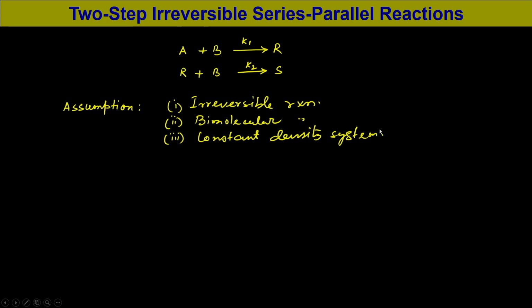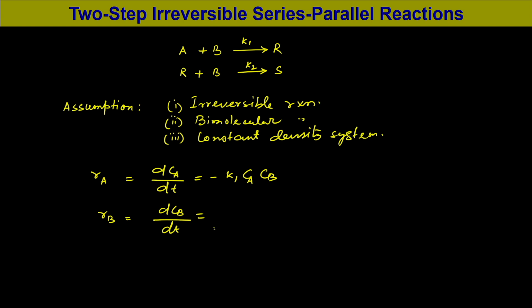Now, based on this, if we write the rate equation, we can write the expression as r_A is equal to dC_A/dt, which is equal to minus K1 into concentration of A into concentration of B, so C_A C_B. For the rate of reaction of B, we can write r_B is equal to dC_B/dt, which is equal to minus K1 C_A C_B.